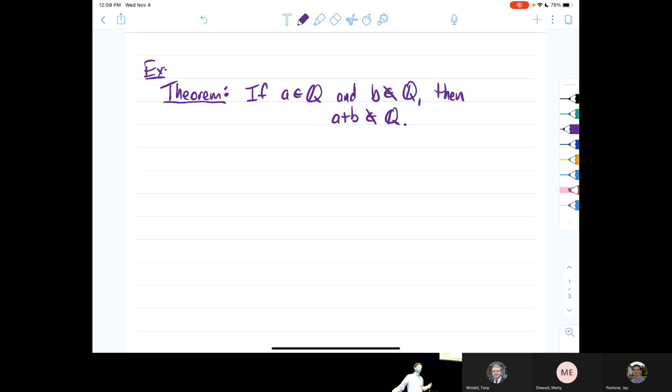So we're saying roughly, if you take something that is a fraction and you add it to something that's not a fraction, the result is not a fraction. One of those things that probably seems a little bit intuitive, but it's difficult to really figure out how you're going to prove it. So like if I did 1/2 plus pi, pi is not a fraction, so 1/2 plus pi also can't be a fraction. Any questions about the statement?